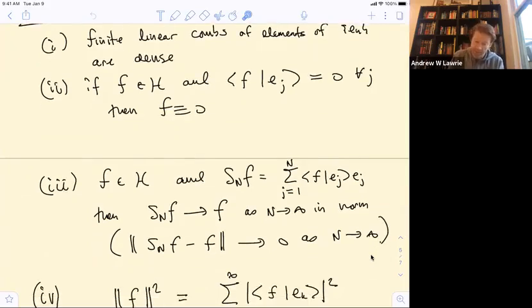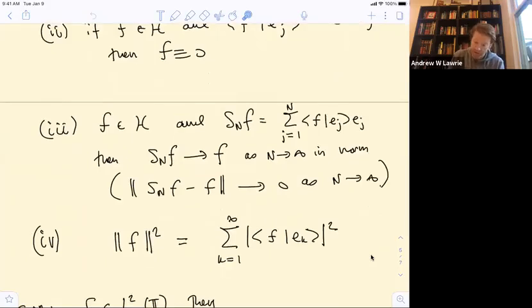Three, if I take an element f in H and define SNF as follows: I take f, pair it with EJ for each j from 1 to n, and write it as a linear combination of the EJs, up to n. Then this object SNF tends to f in norm as n goes to infinity.